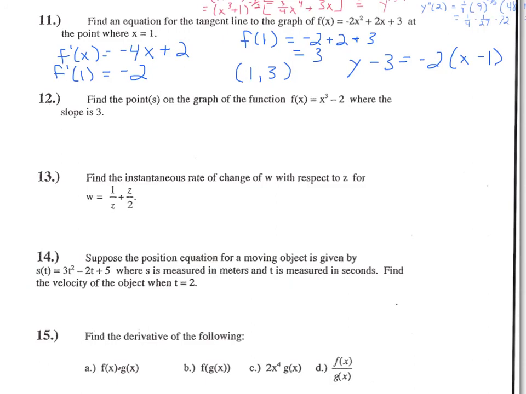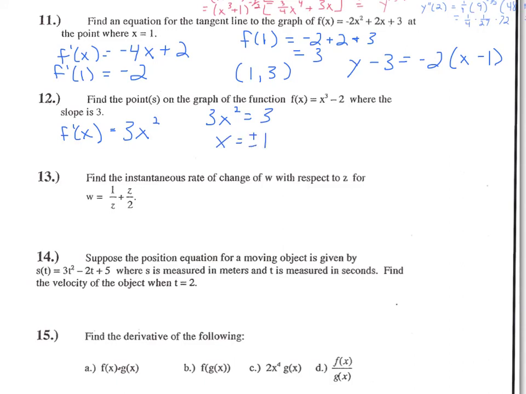Now we want to find the points on the graph for the function f of x equals x cubed minus 2, where the slope is 3. So since slope is the same as derivative, we want to first take the derivative, which is 3x squared. And then we're going to set that equal to 3. And we get that x can equal plus or minus 1.